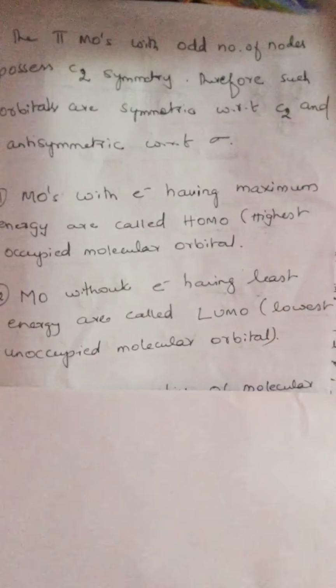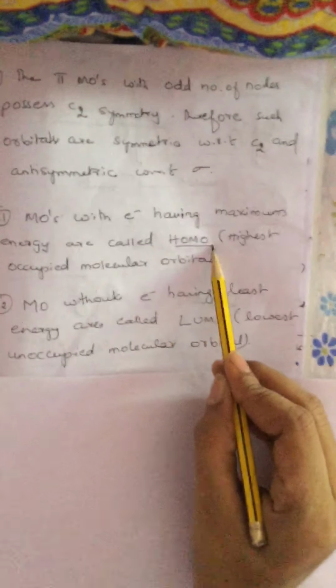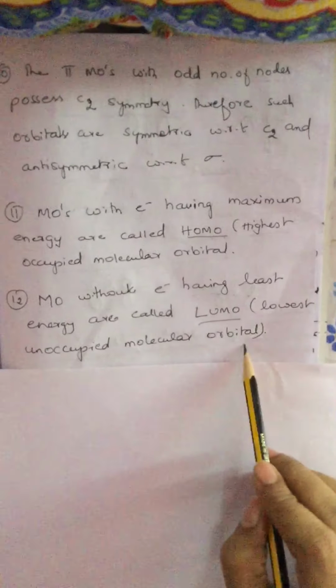And then molecular orbitals with electrons having maximum energy are called HOMO, right? For the time being, you just remember what HOMO and LUMO mean. HOMO is the highest occupied molecular orbital, and LUMO is the lowest unoccupied molecular orbital.